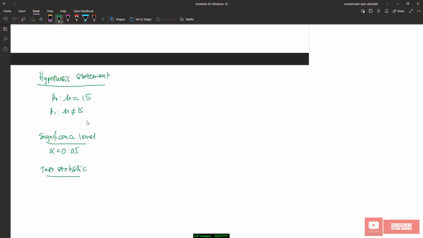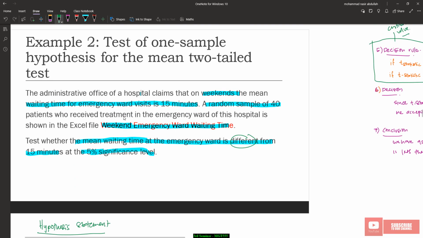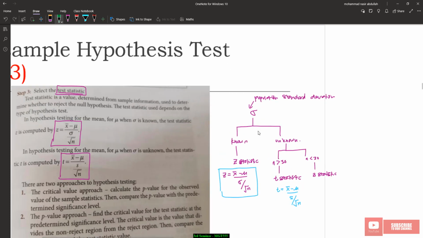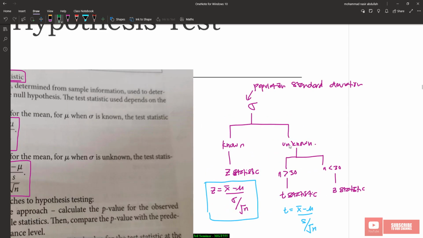So what is our test statistic? From this example, we don't know the population standard deviation. Since we don't know the population standard deviation, it falls under unknown.